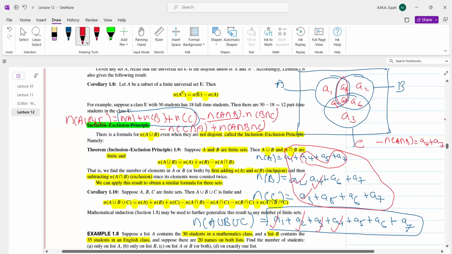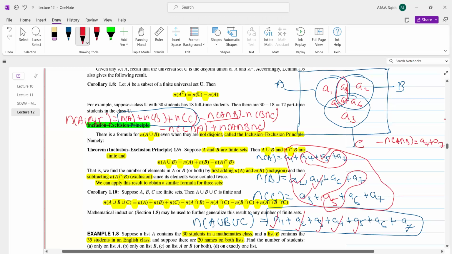Similarly, I need only one A5. So that A5 is here, right? Now I use this A5, only one A5. Now I can remove this A5 and this A7 together.